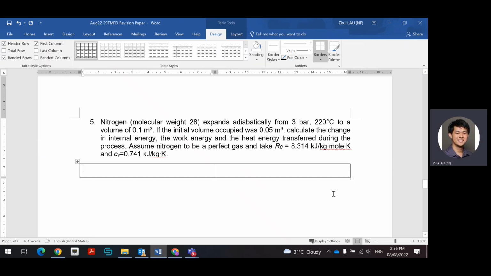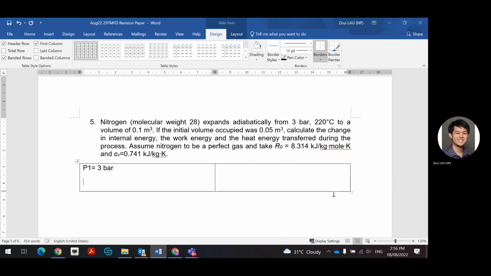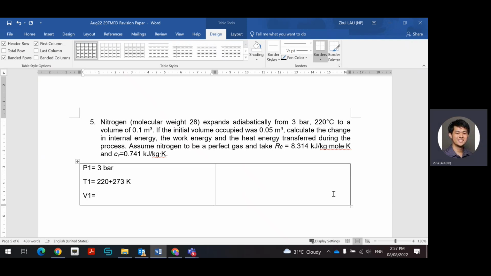So what do we have? P1 is 3. T1 is 220 plus 273. Okay, V1 is 0.05.